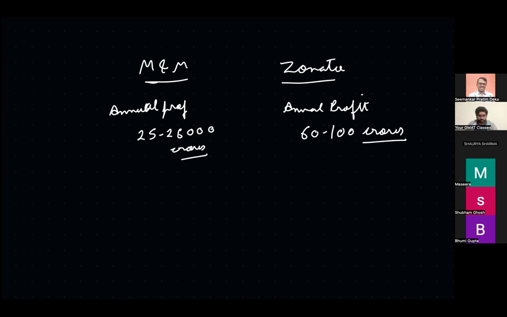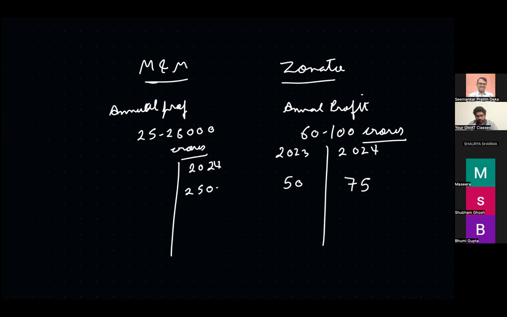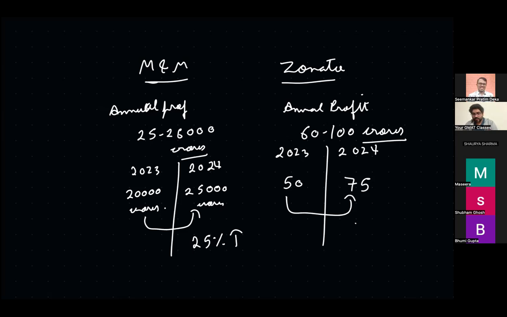What I should do is see the financials for 2 years. Let's say in 23, Zomato earned 50 crores. In 24, Zomato earned 75. Let's say in 2024, M&M earned 25,000 crores, and in 2023, M&M earned 20,000 crores. So there's a clear 25% increase here and there's a 50% increase here.